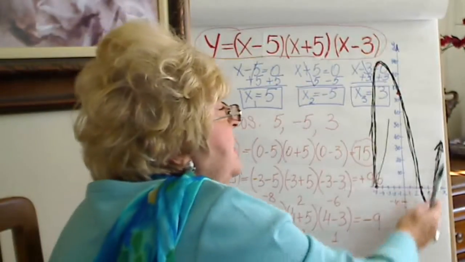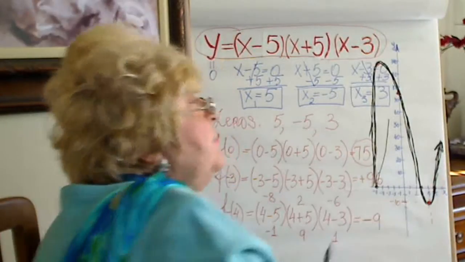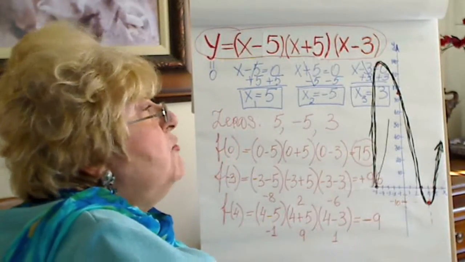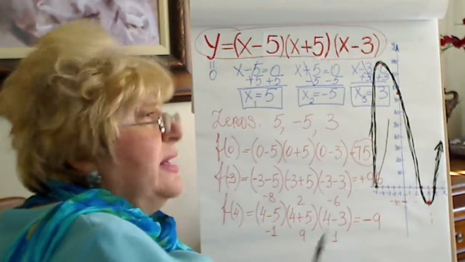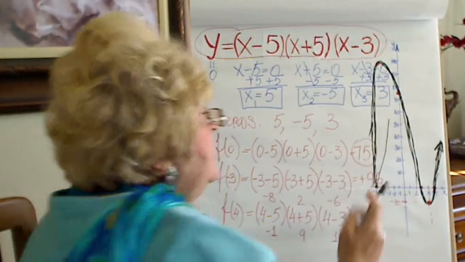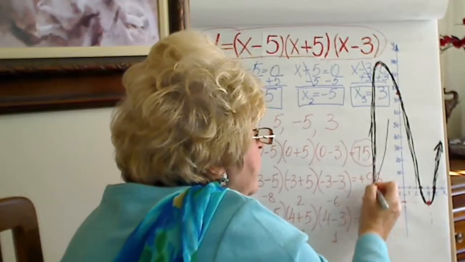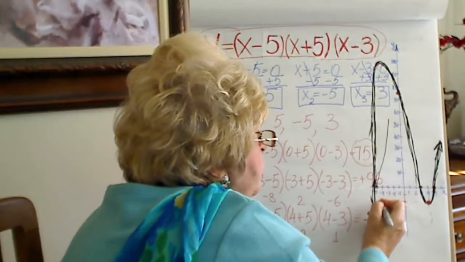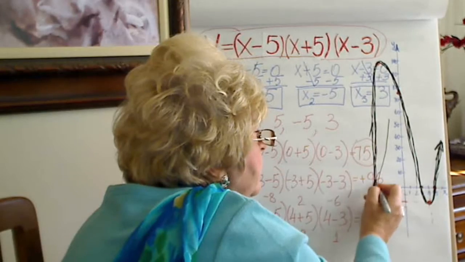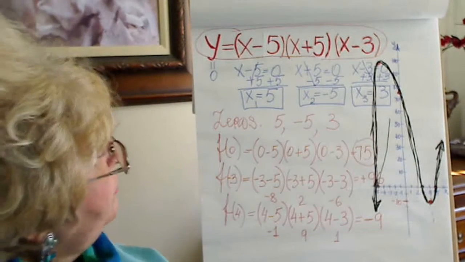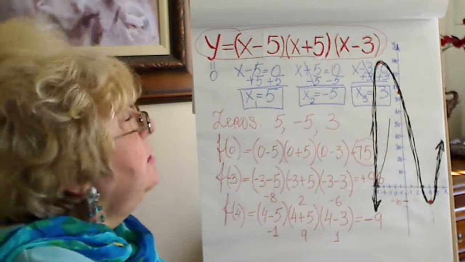If in the end behavior the function is increasing, function goes up, and the function is odd, it means that from the beginning our function will go down. So we complete our graph.